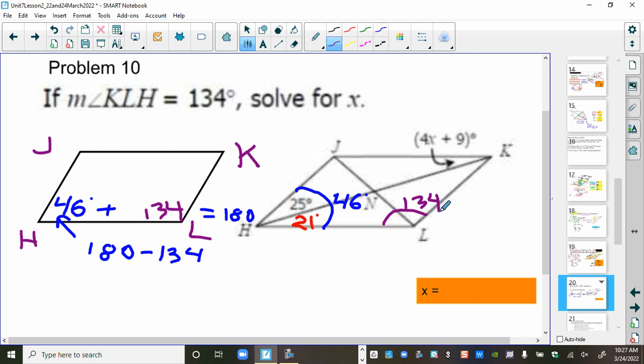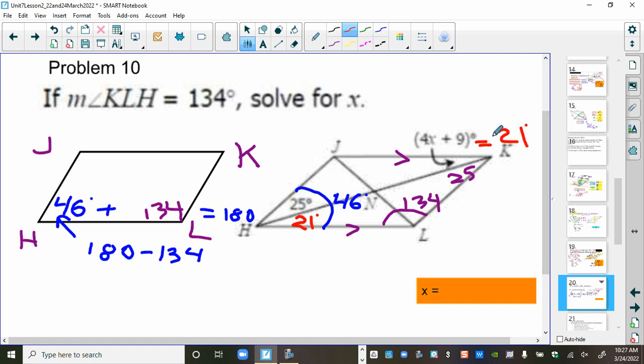Very good, Des. Because here's what's going to happen. With your parallelogram, alternate interior angles. So if this guy was 25, this guy has to be 25 as well. But if this guy's 21, then this guy also has to be 21.